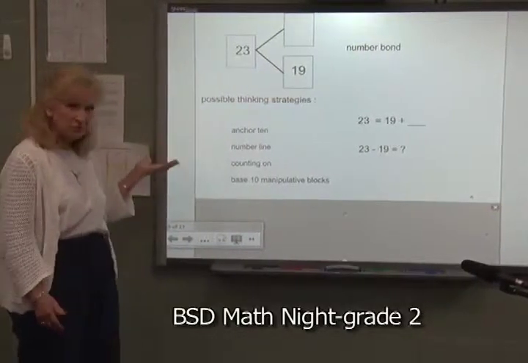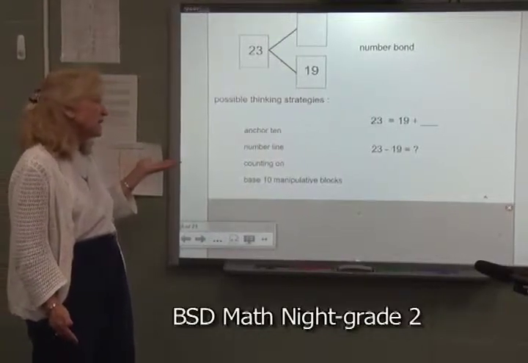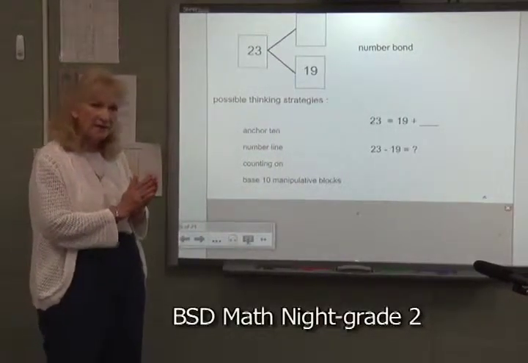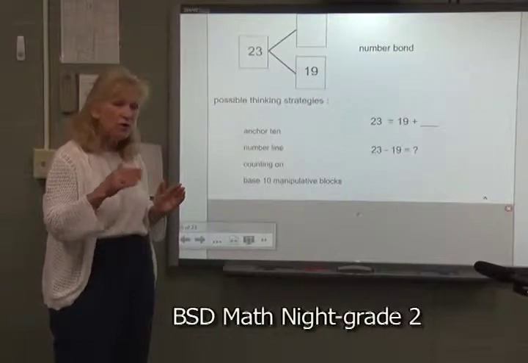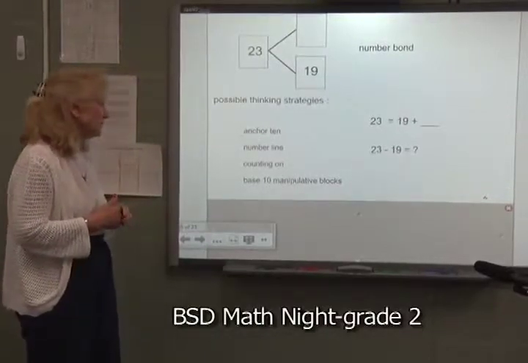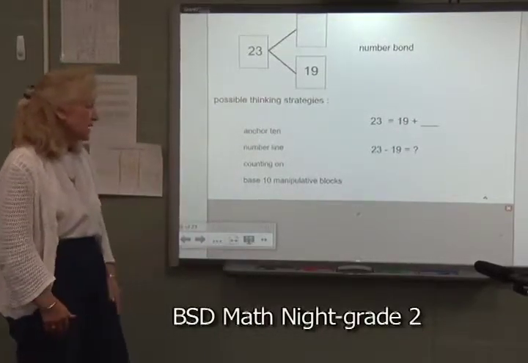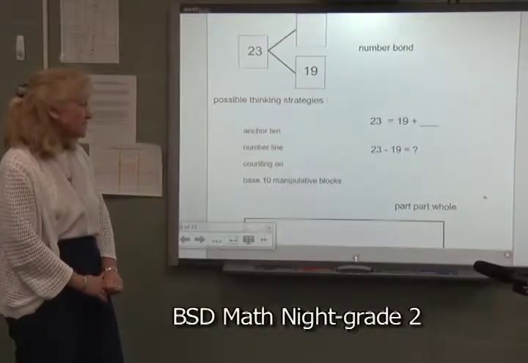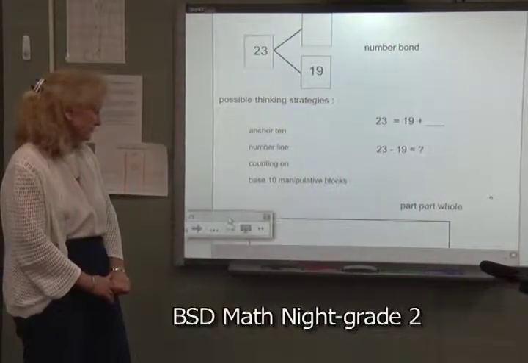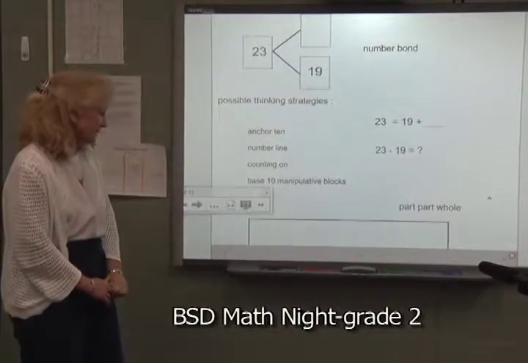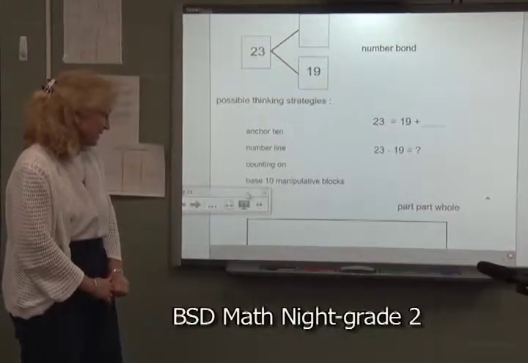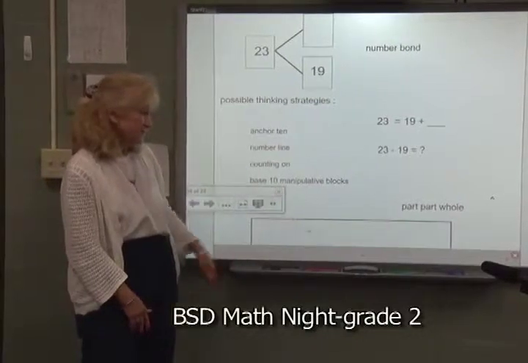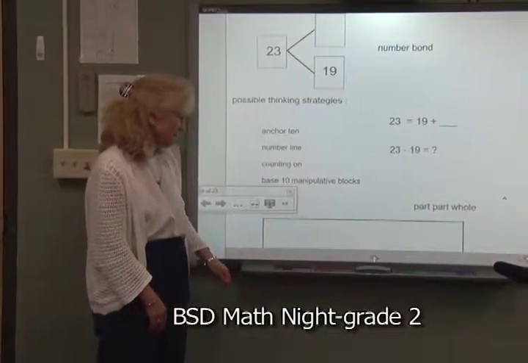Number line, students can model counting up on a number line. I'm located at 19. One hop to 20, counting on. Base 10 blocks. And here's a part-whole model. And I have a little bit more.